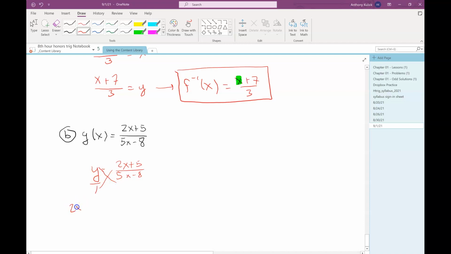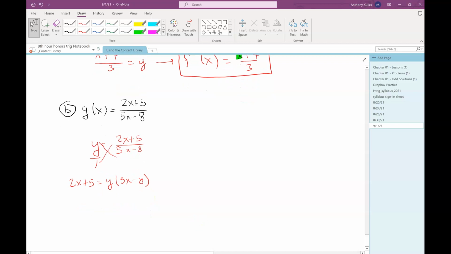So that gives me 2x plus 5 equals y times (5x minus 8). That's quite a bit nicer with no fraction there. I would distribute the y as my next step.